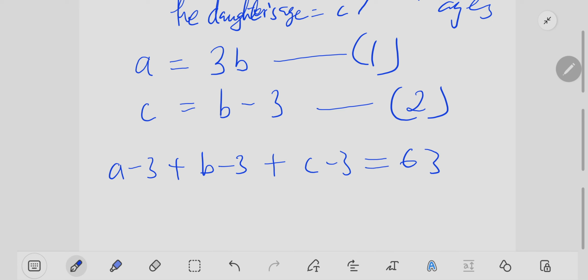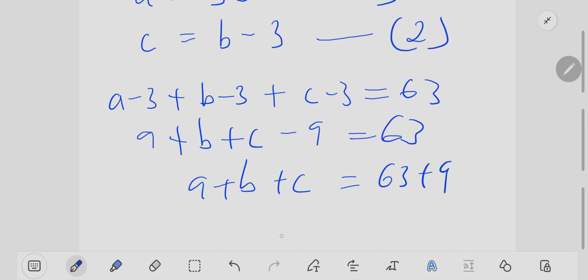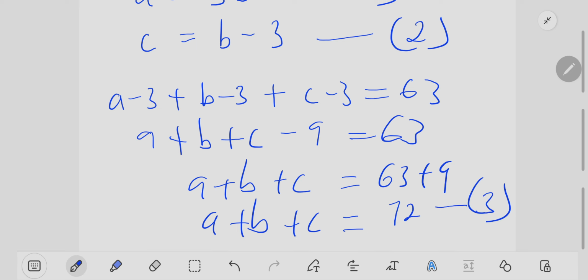We can simplify this to get A plus B plus C minus 9 equals 63. You can further simplify by moving the 9 to the other side. So we are going to get A plus B plus C equals 72. So this is going to be our third equation.